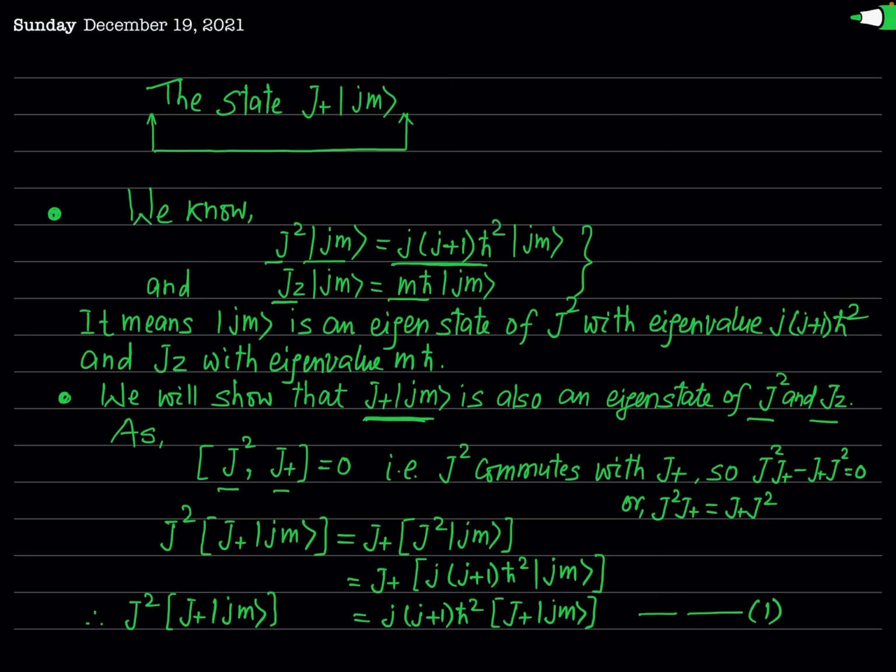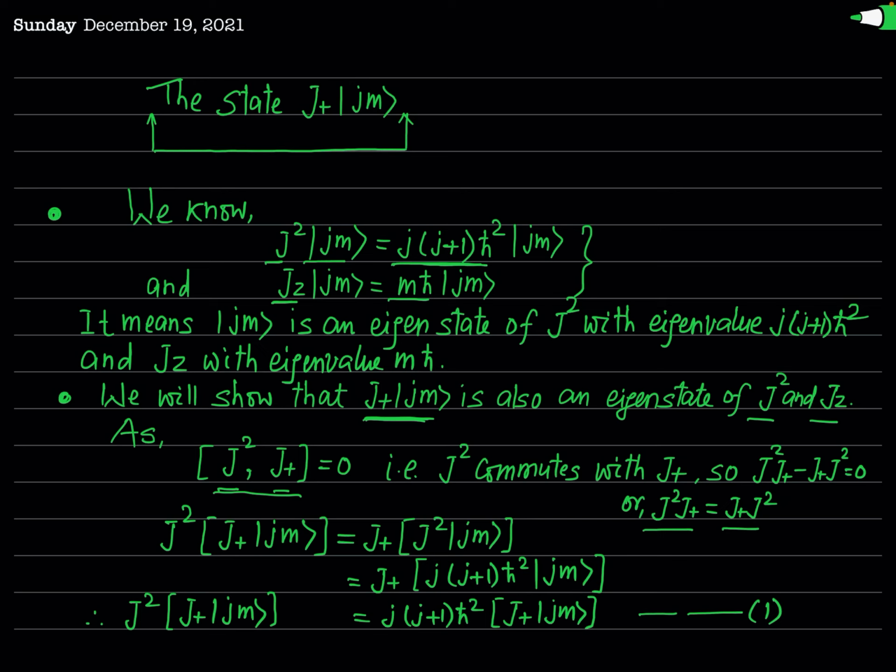So you can write from this commutator that J squared J plus minus J plus J squared is equal to 0. And so J squared J plus is equal to J plus J squared.